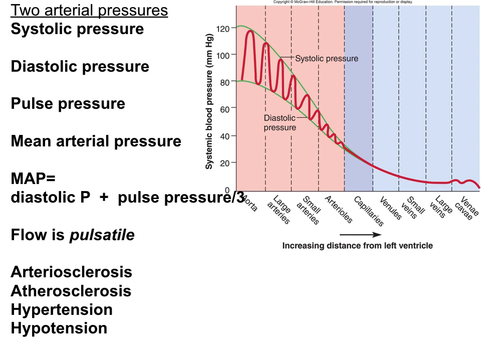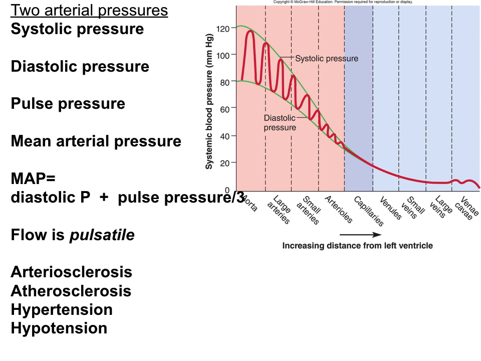And in a clinical setting, mean arterial pressure really gives a better assessment as to the cardiovascular function of your patient. Now, to calculate mean arterial pressure, you need to take your diastolic pressure and add to it the pulse pressure divided by 3.